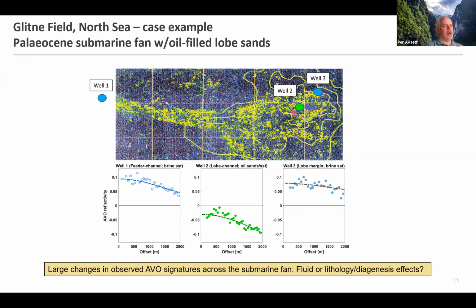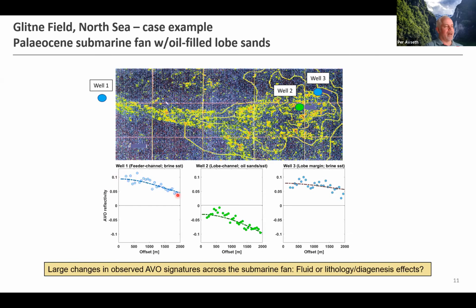Well 2, you see some structure maps also here. That's the top of the lobe structure, and it encountered oil. And then you have well 3 that's just off the lobe structure in the margin, and it was brine. And these are real AVO picks from the gathers. What you see in the AVO plots below is that you go from a hard intercept reflectivity with a negative gradient, but it's not crossing the 0.